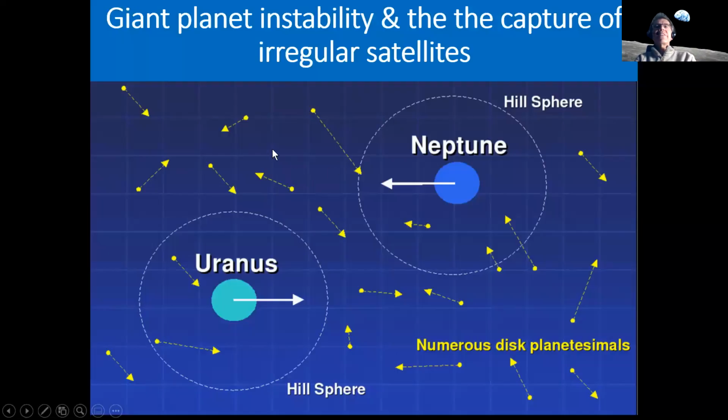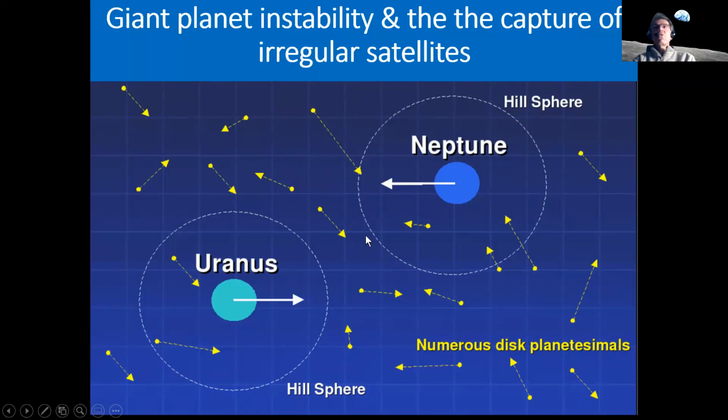Let's talk about the irregular satellites. All giant planets have irregular satellites, and the fact that they're all similar once rescaled by their Hill radius was suggesting that gravity alone was the process capturing these satellites. Well, during the instabilities, planets can have mutual close encounters.